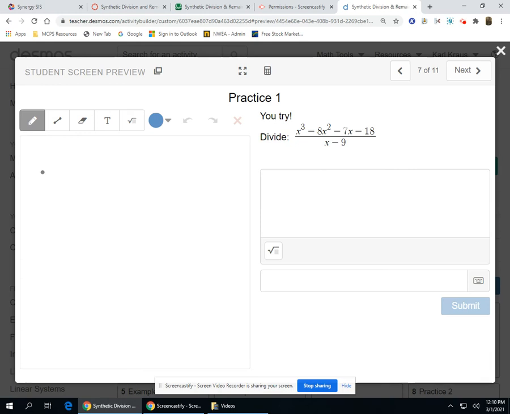And practice problem 1. I'm going to do 1, negative 8, negative 7, negative 18, and a 9.